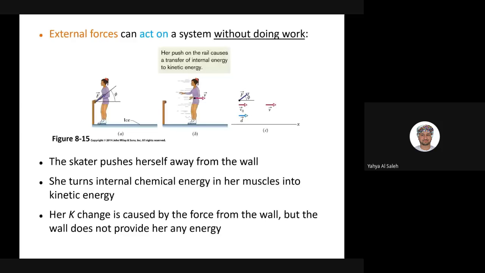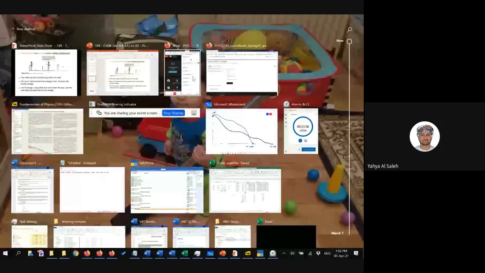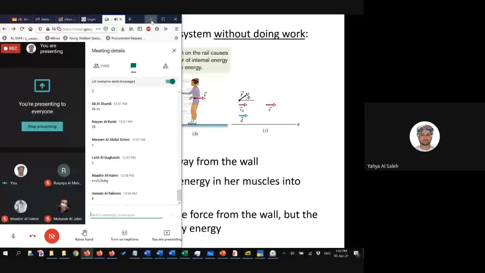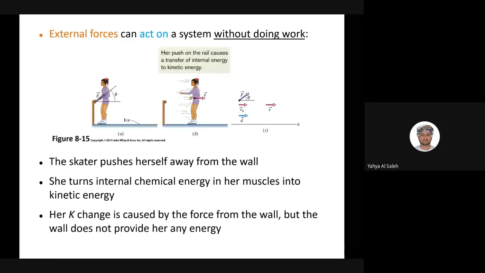When she is pushing, what she is doing is, because she's pushing using her body, she is converting her internal chemical energy in her muscles to kinetic energy.